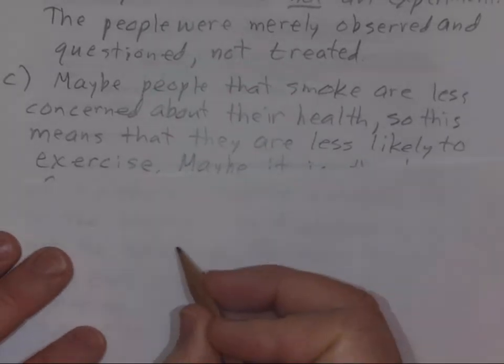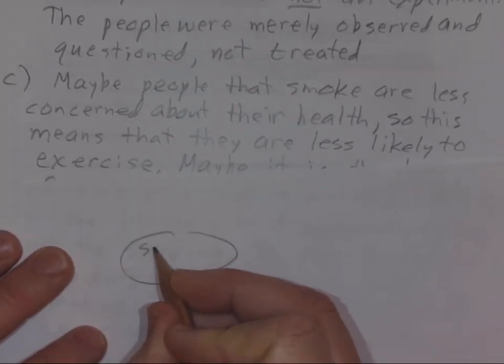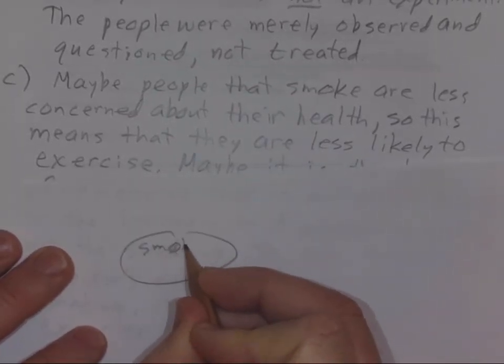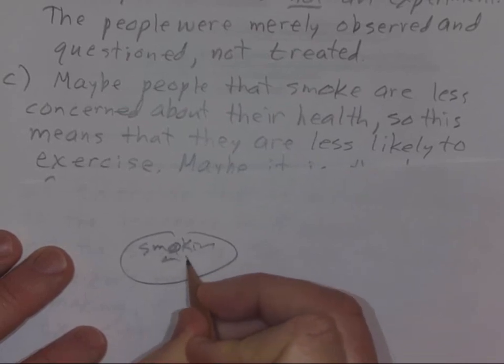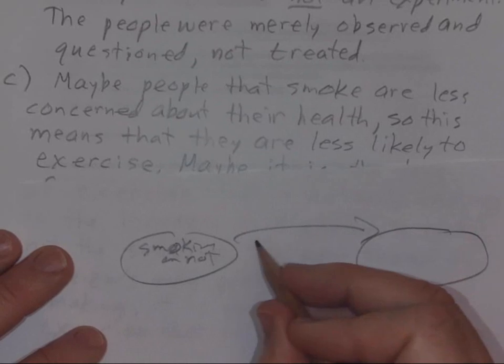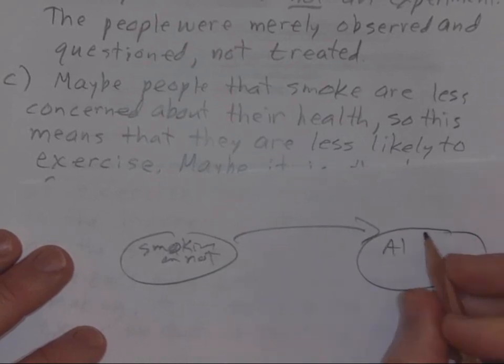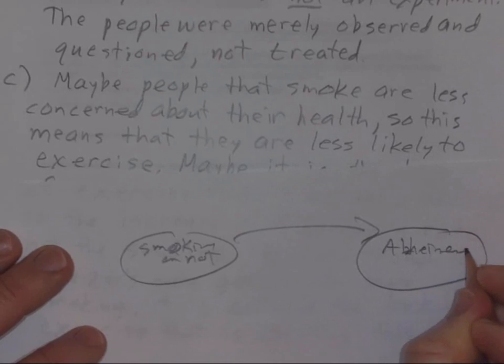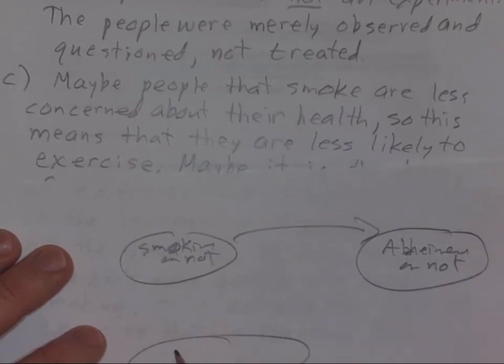Okay, your three variables here. So we have smoking or not as our variable, and then it appears to be causing Alzheimer's or not. And the other variable is, do they exercise or not?